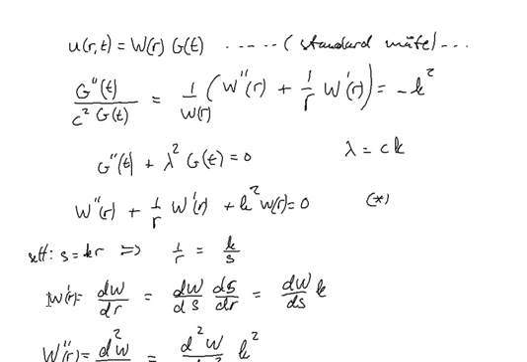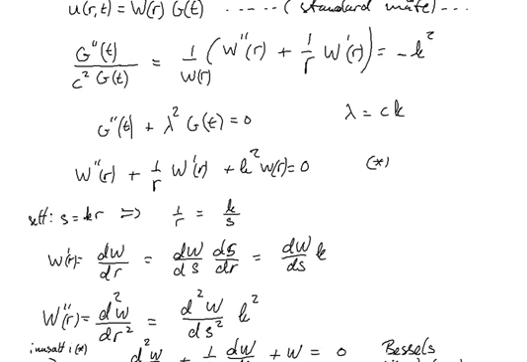And by differentiating, we obtain the following equation. So by using this substitution, we find the Bessel equation. So it can be described by the solution of a Bessel equation rather easily.